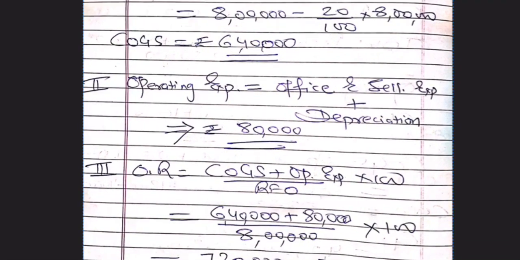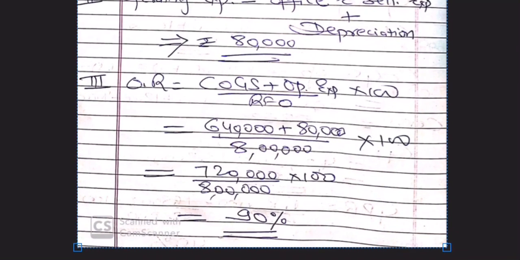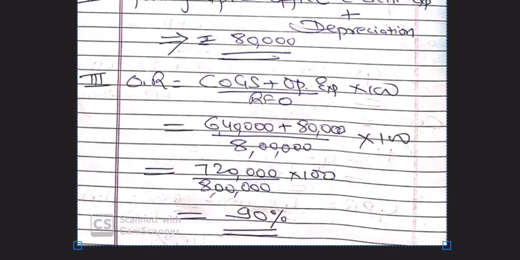So finally, operating ratio is COGS plus operating expenses divided by RFO. So COGS 6,40,000 plus operating expenses 80,000 divided by 8 lakh into 100. This gives the value of operating ratio, which is 90%.